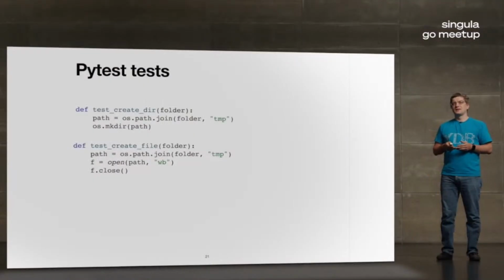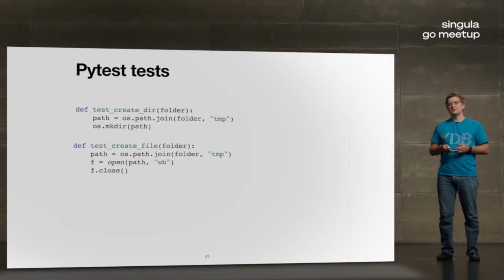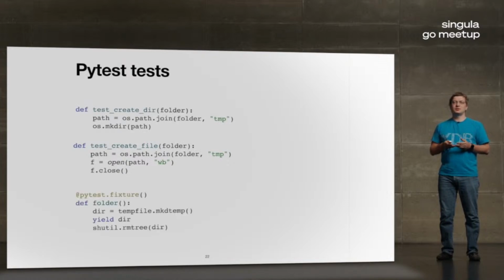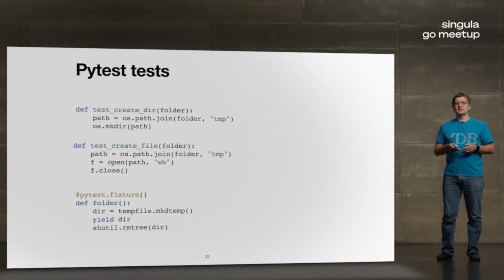If we need a similar test that creates a file, it will be the same. The test receives the folder as an argument, can use the folder, and after the test finishes, the work folder will be removed with all contents. Folder is a fixture.